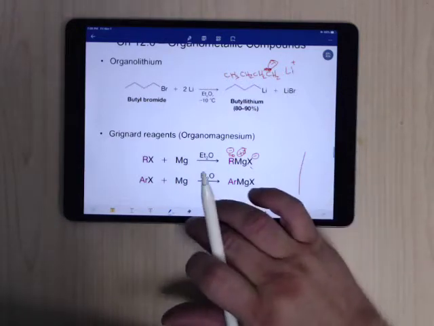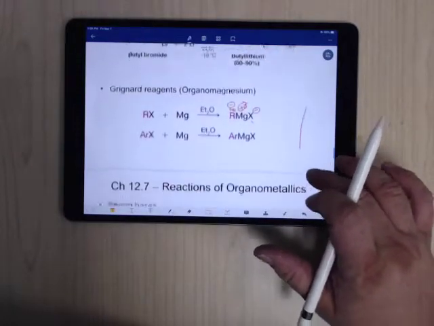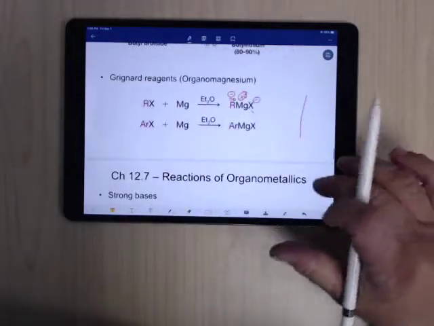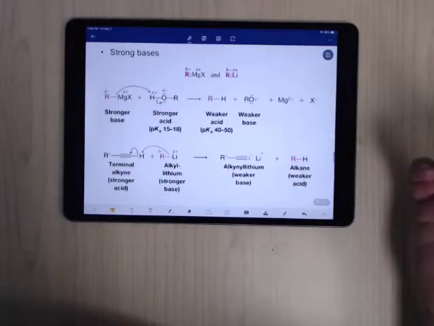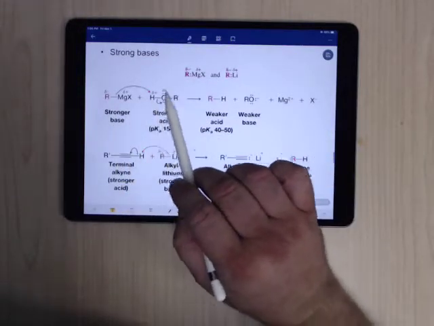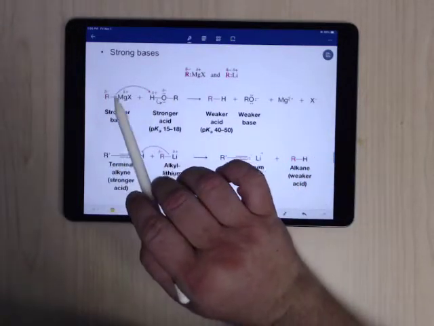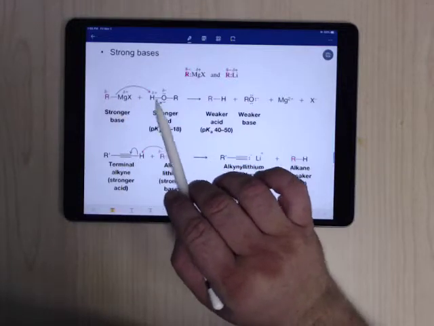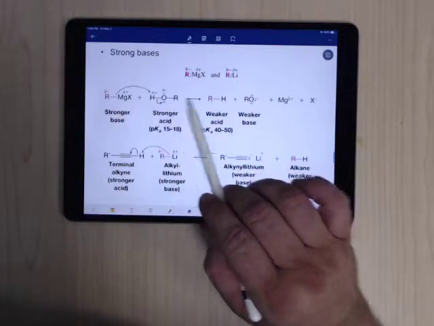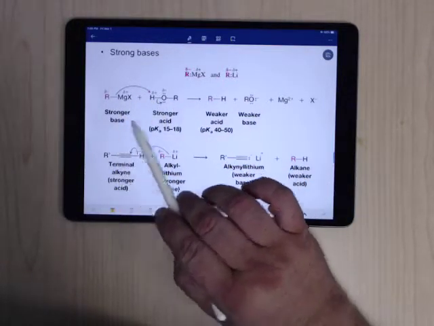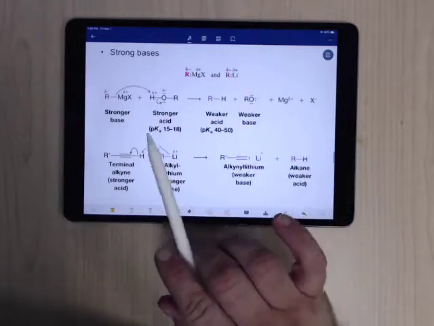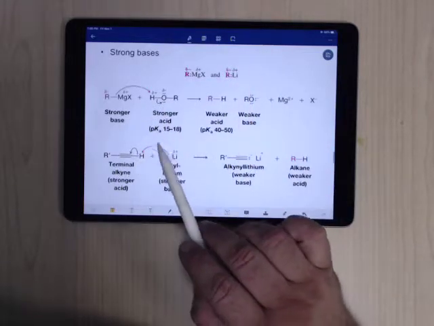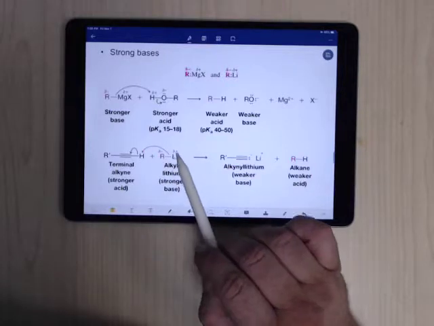And so these can act just like carbanions, right? So they can work as a base. If you throw in your Grignard reagent, which is the magnesium one, into something with an alcohol, all that's going to happen is it's going to rip that hydrogen away. It's going to act like a strong base. But you can use them because they're quite powerful bases.